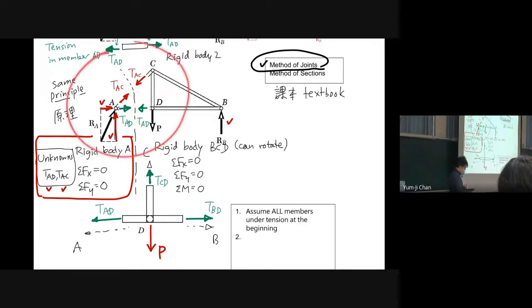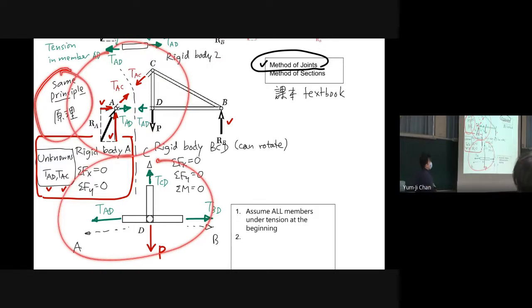From here to here, we are using the same principle. After you go home or this weekend, try to look at this again, and see if you have any questions.